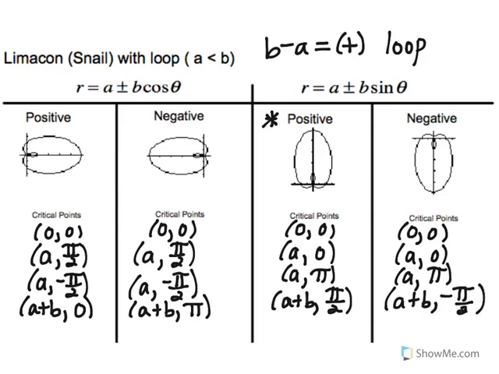And then the b minus a. So b minus a is going to actually be on the same side as a plus b because you have the loop. If you don't have a loop, it's going to be on the opposite side. So positive, same sign, same side, and the negative will be a little bit different.